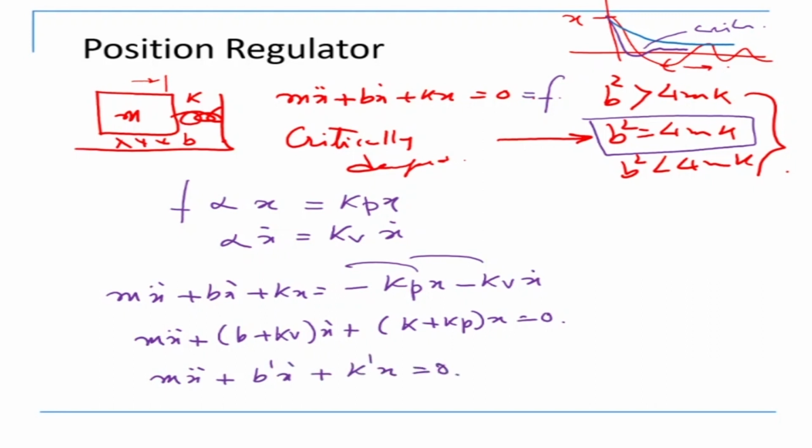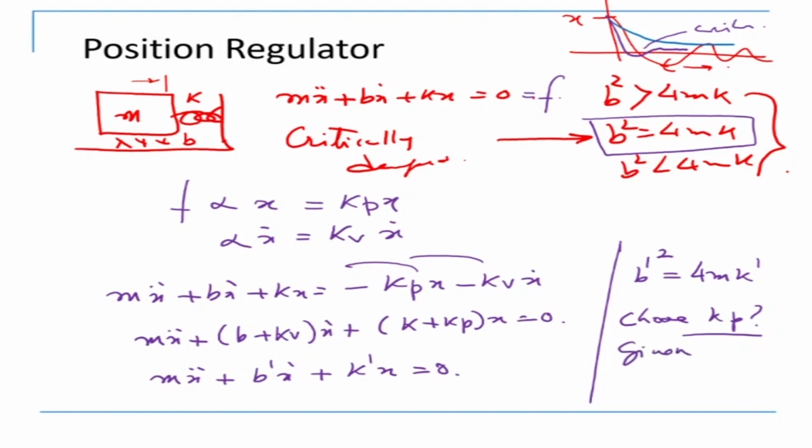For critical damping, we know that b dashed squared is equal to 4m k dashed. We have to choose a value of kp, and then using that we can find the value of kv. So given a numerical value of kp, we can find kv. This is something I did in the last class.